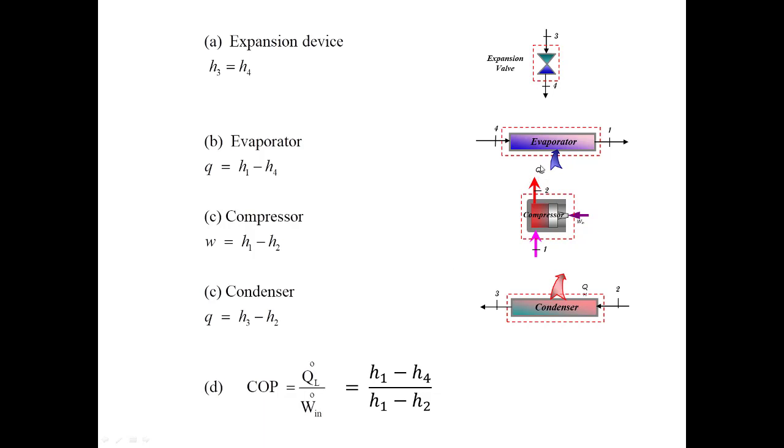The heat absorbed is equal to H1 minus H4, and the work input in the compressor is equal to H2 minus H1. Please make that correction: this should be H2 minus H1 because the enthalpy at 2 is greater than the enthalpy at 1. That will give you the coefficient of performance of the ideal vapor compression system.